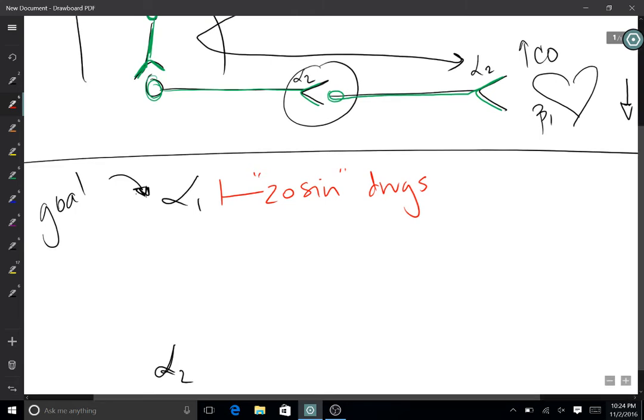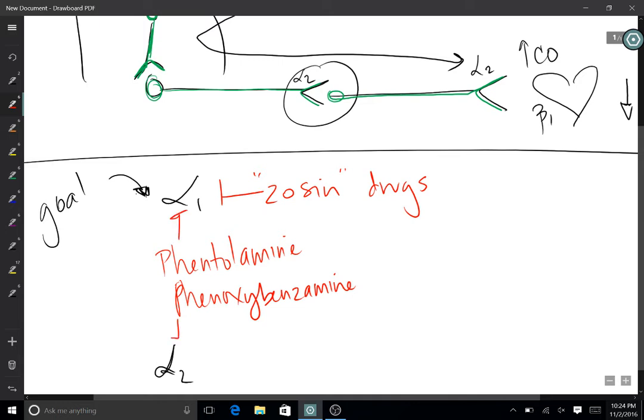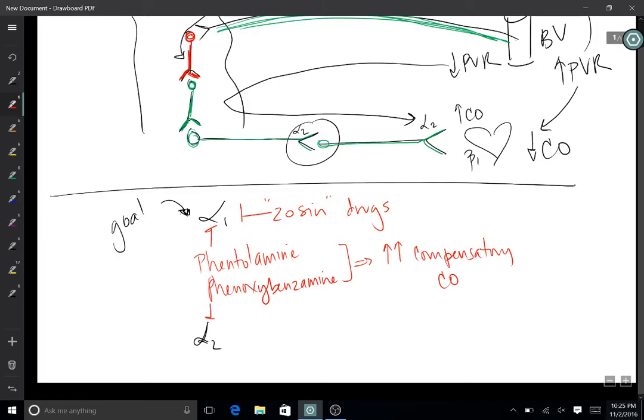Whereas if we have two different drugs, phentolamine and phenoxybenzamine, they block both alpha 1 and alpha 2. What you get is a dramatic increase in compensatory cardiac output. Okay, so why does that happen?